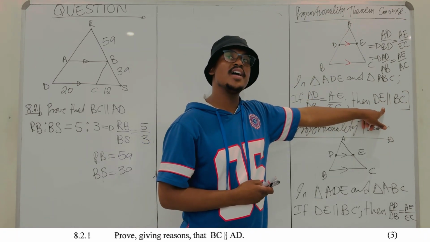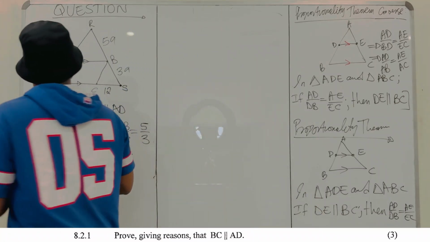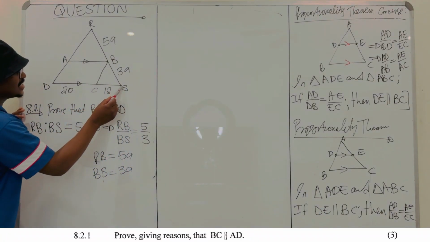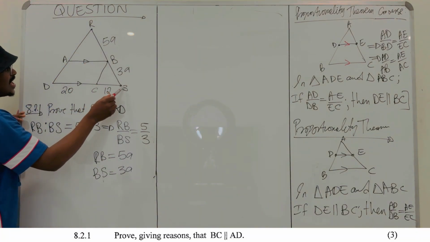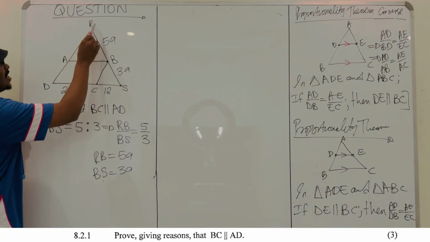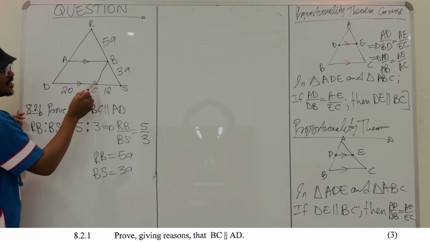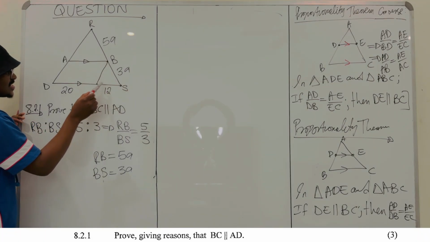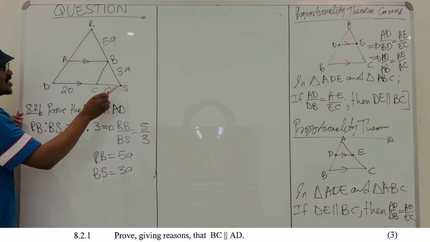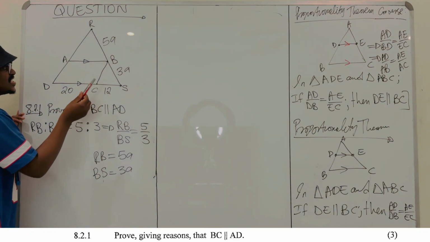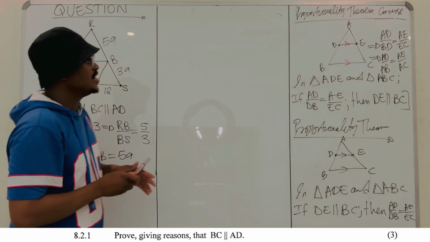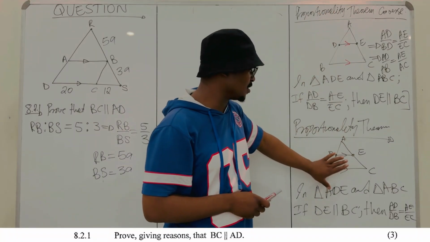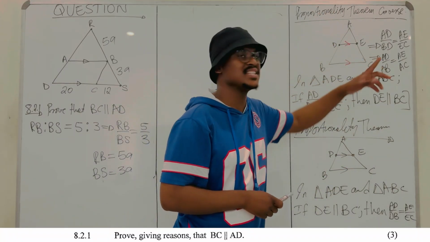Because look at triangle SCB and look at triangle SDR. This big triangle SDR is divided by BC like this. So the situation that we have is similar to this or similar to that. So we have a triangle that has been divided.